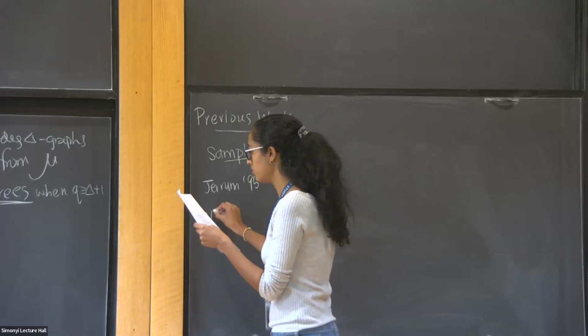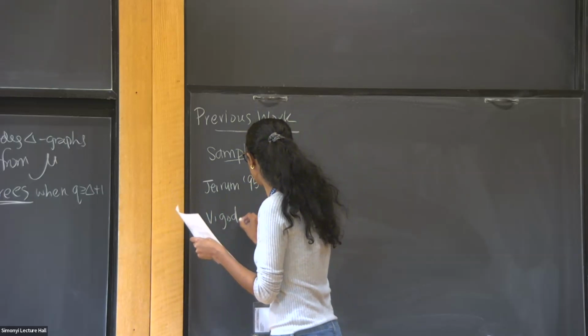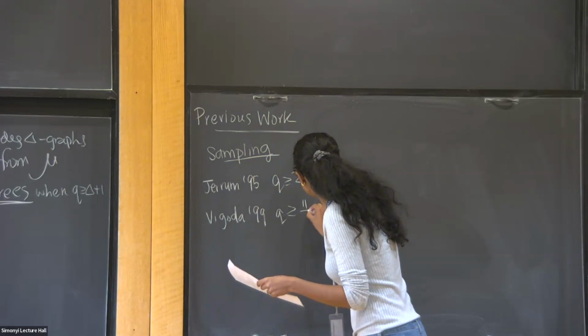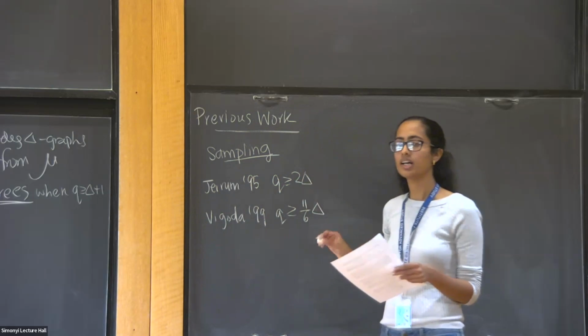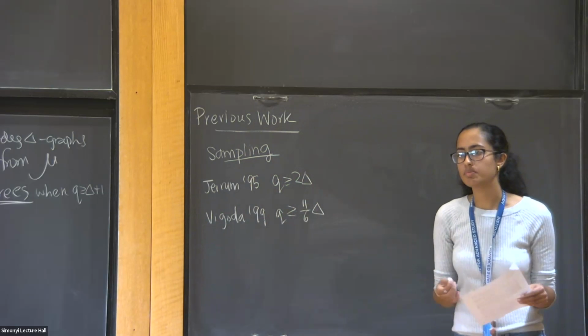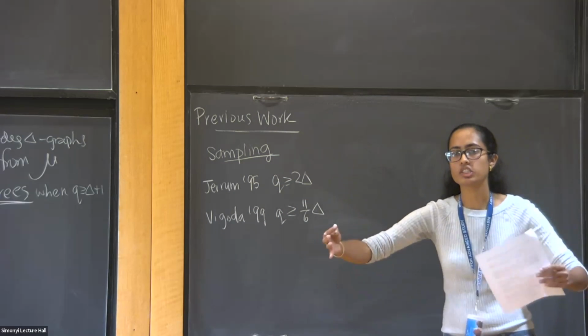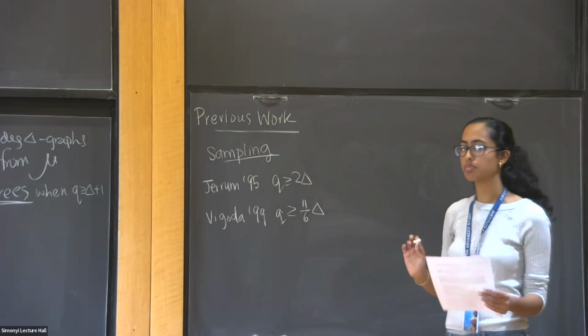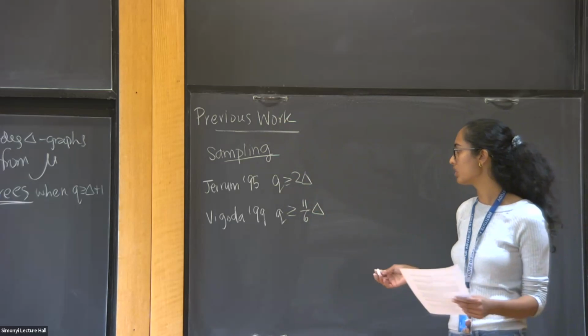And this was improved by Vigoda in 99 to show that when Q is at least 11/6 delta, a slightly different Markov chain called the flip dynamics, where you can imagine you change the colors of many vertices at a time, means that you can approximately sample from the uniform distribution efficiently.